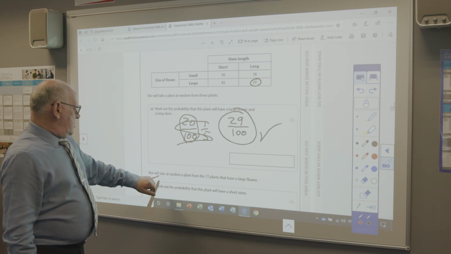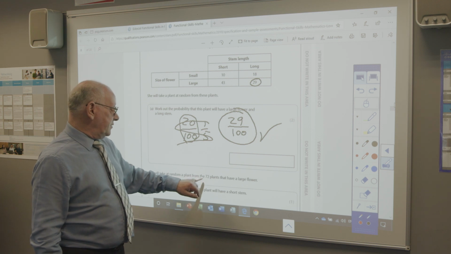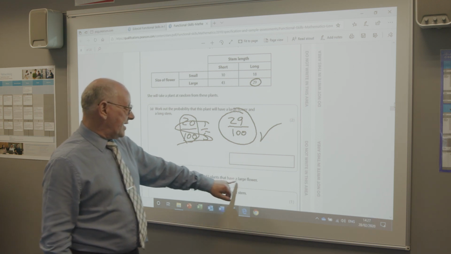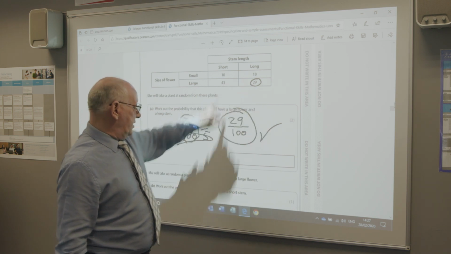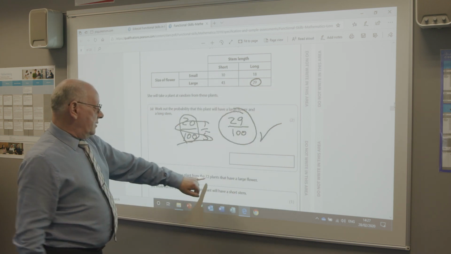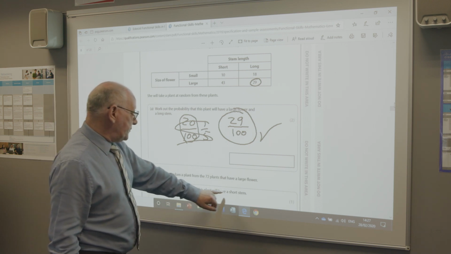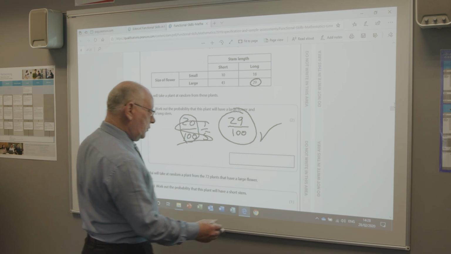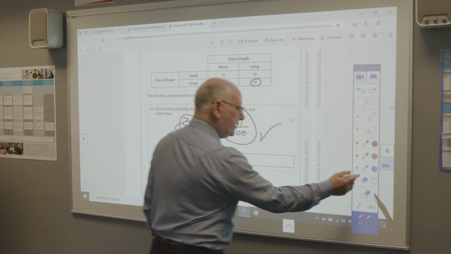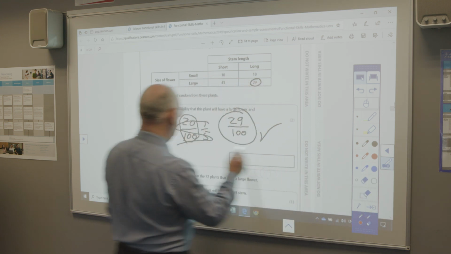Second question. May will take at random a plant from the 72 plants that have a large flower, so 43 plus 29 is 72. The 72 plants that have a large flower, work out the probability that this plant will have a short stem. So we've got 72. I'll do it over here because I can't move the box, unfortunately.